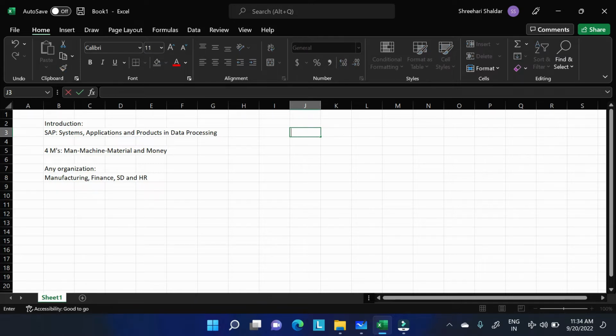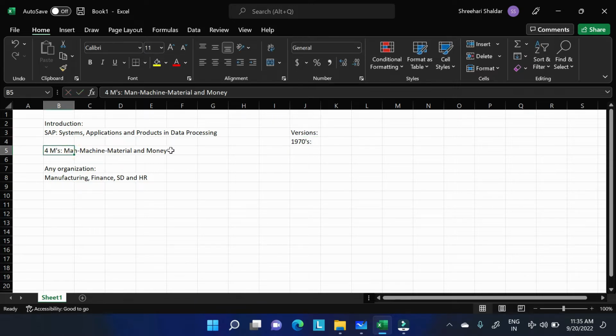Before going to this, how SAP got developed is important. What are the different versions of SAP? In the 1970s, 5 IBM employees thought: if only 4 resources, man, machine, material and money, are required to run any business, why don't we try integrating all these 4 resources, so that we can run any organization?